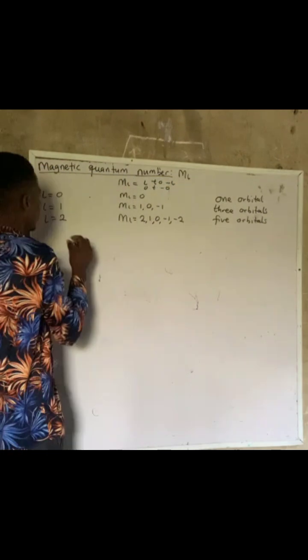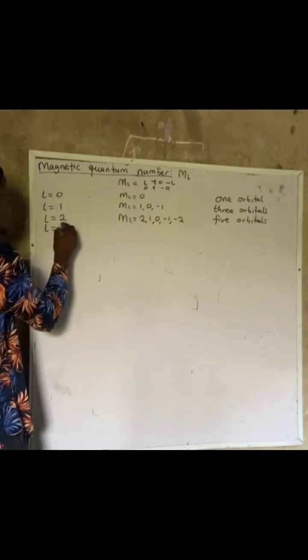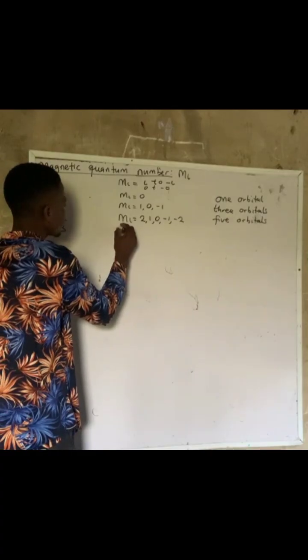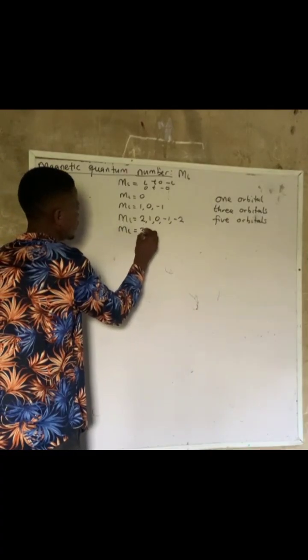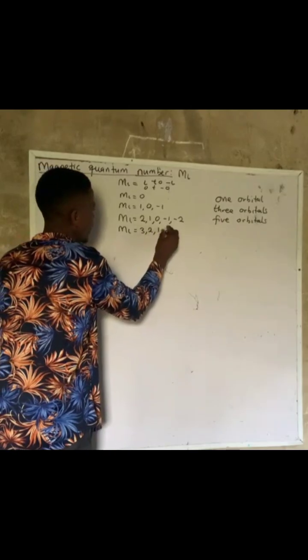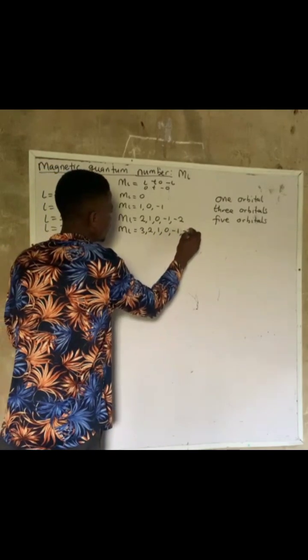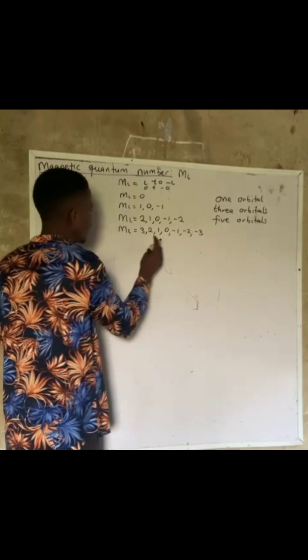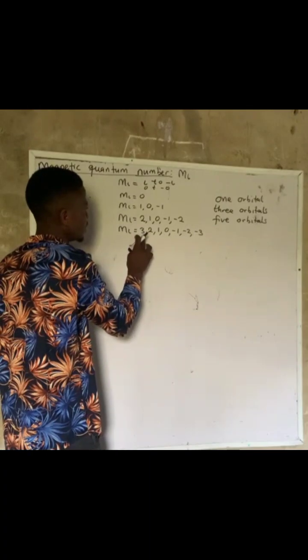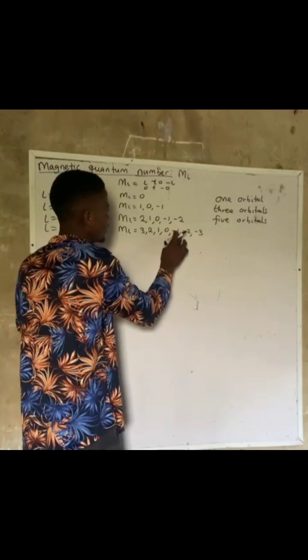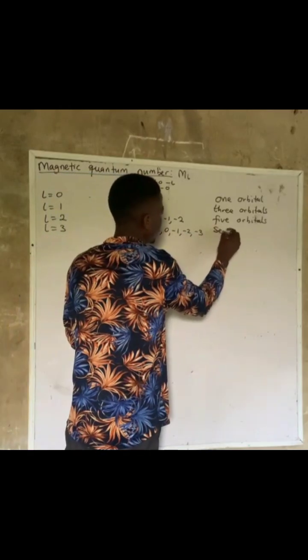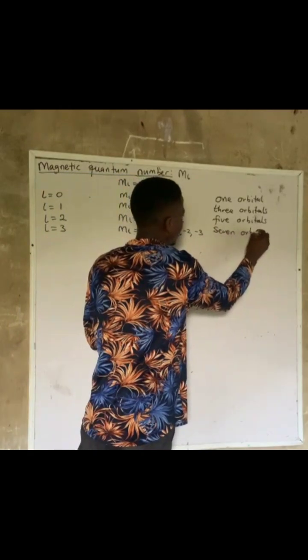Lastly, when L equals 3, m_l ranges from 3, 2, 1, 0, minus 1, minus 2, and lastly minus 3. That is 1, 2, 3, 4, 5, 6, 7. So we have 7 orbitals in this subshell.